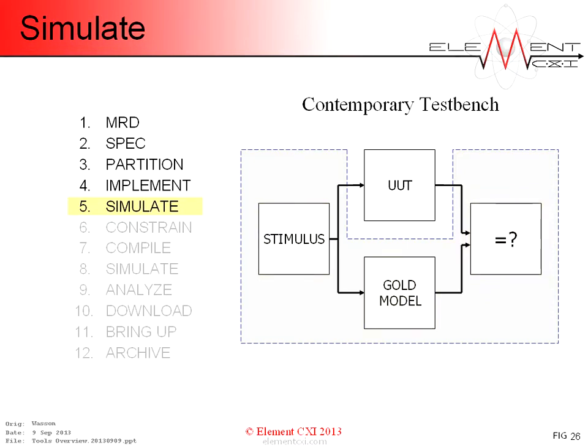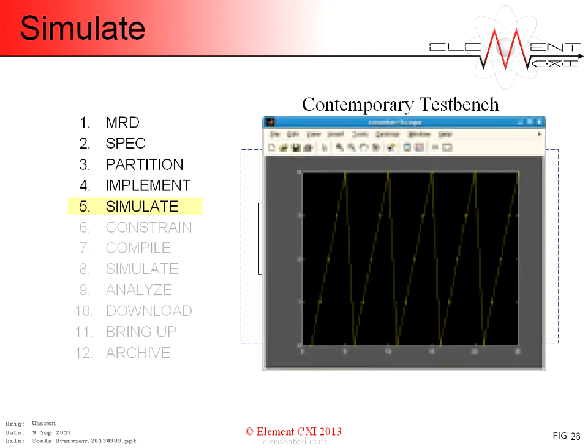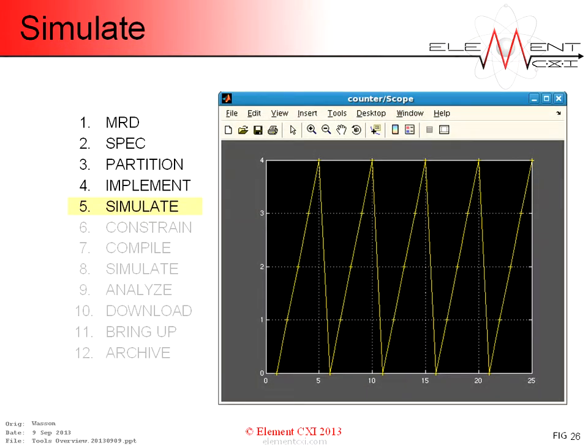Two of the major assumptions in this environment are the stimulus is adequately representative of the real world, and the gold model is gold, that is, completely representative of desired functionality. Of course, this test bench just demonstrates that what has been checked works, not that what works is all that should be checked. Checking behavior is frequently performed using visual inspection tools from third-party vendors like MathWorks.